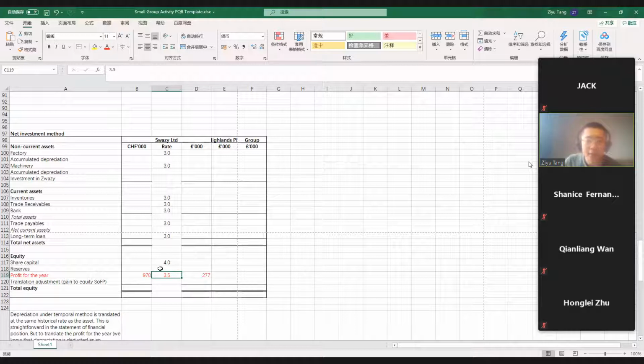So I think we need to make an adjustment as well. But in the suggested solutions, when we use the net investment method, we don't make such an adjustment.